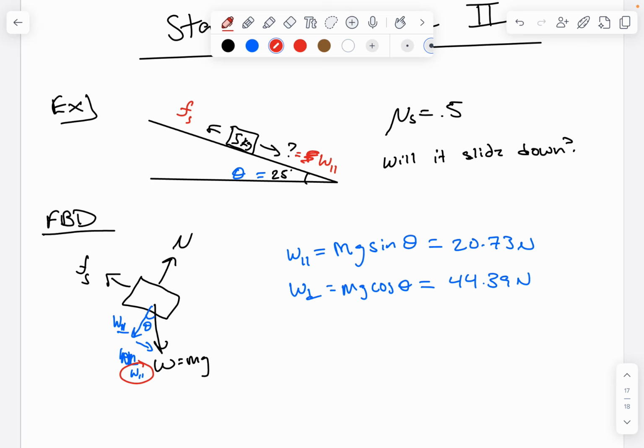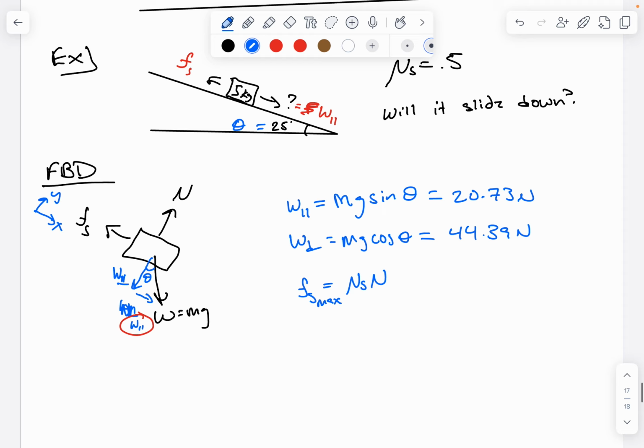And if you remember the formula for that, this is max, f_s max equals mu s times n. And to solve for n, because there is no vertical acceleration, and let me draw my coordinate system like this, there's no acceleration in my y direction.